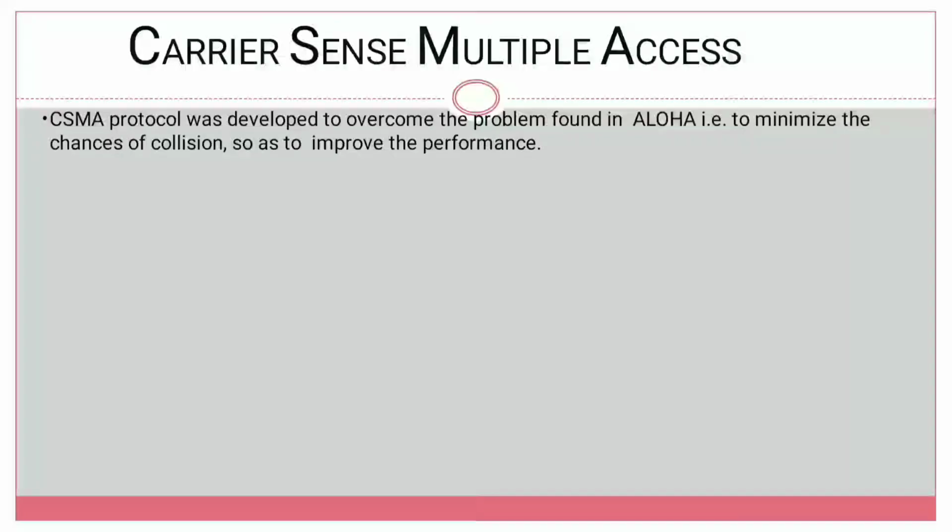So why was CSMA developed? CSMA was developed to overcome the problems found in Aloha protocols. In Aloha protocols we found some disadvantages, so to overcome those problems, the CSMA protocol was introduced, to improve performance and minimize the chances of collisions which occurred in Aloha.